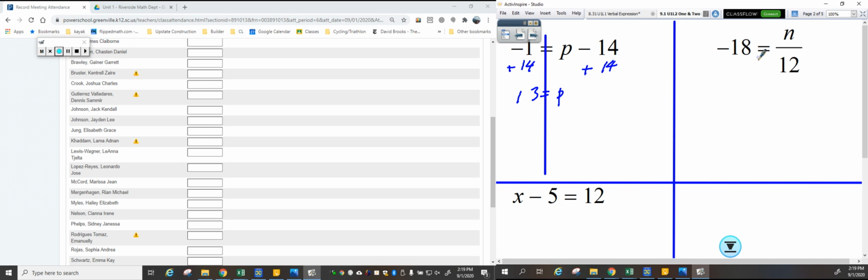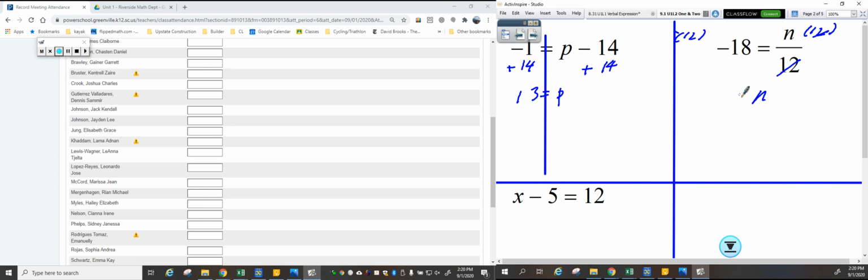Dennis, what'd you do over here? Not 8? Well, okay. So you multiply both sides by 12, right? Yeah. Good. Because this is division, the opposite of division is multiplication. So I'm going to multiply both sides by 12. These 12s are going to cancel.